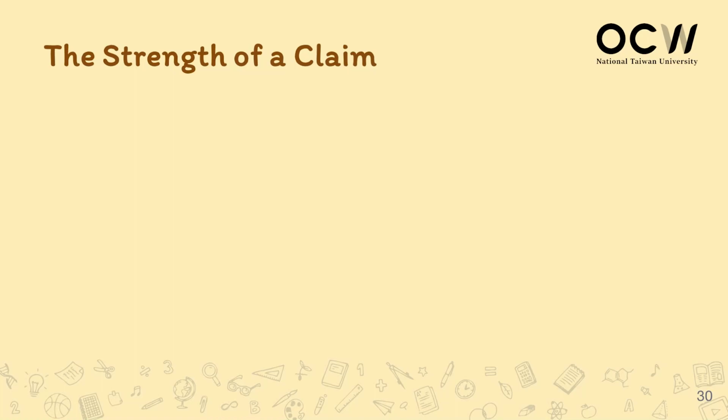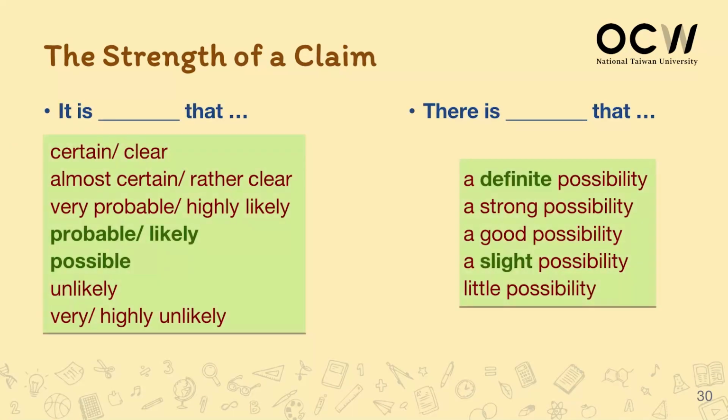And oftentimes, when we are identifying different attitudes, the following are some of the grammatical clues that can help you to ensure that you are demonstrating them correctly. Namely, the strength of a claim. So, perhaps you're stating a sentence beginning with, it is so-and-so that, or there is so-and-so that.